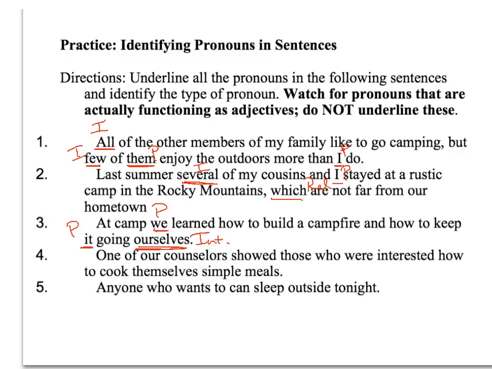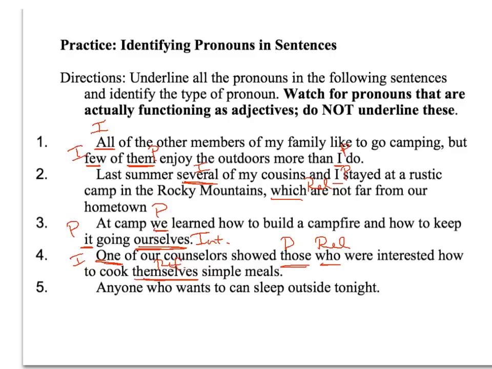Number 4, one of our counselors showed those who were interested how to cook themselves simple meals. Quite a few in here. One is an indefinite pronoun. Those is a demonstrative pronoun. Who is a relative pronoun. Themselves is a reflexive pronoun.